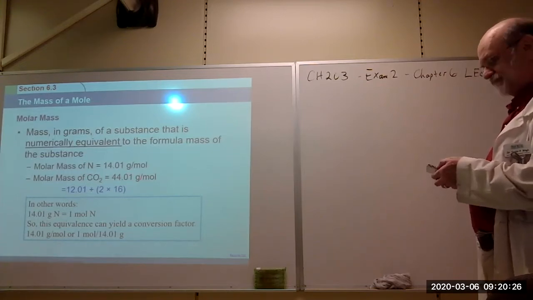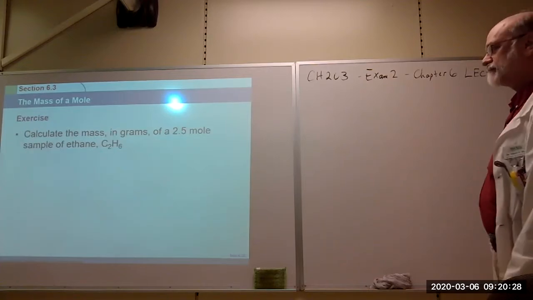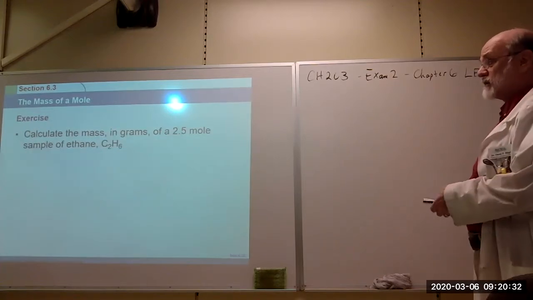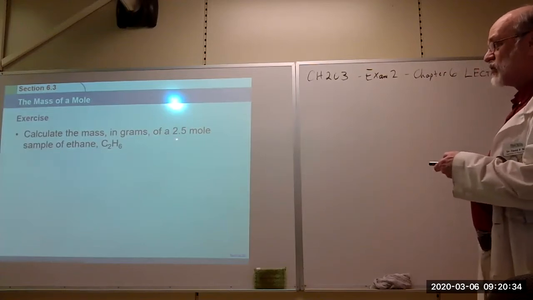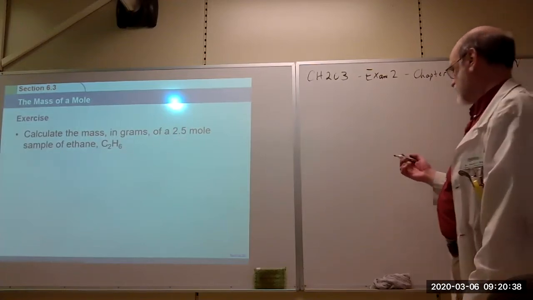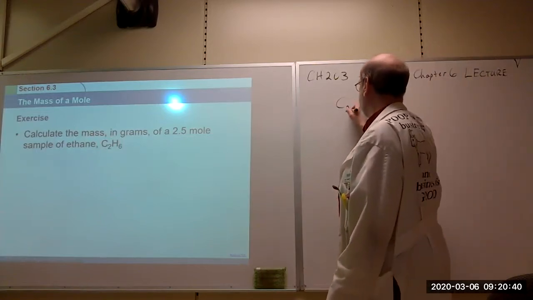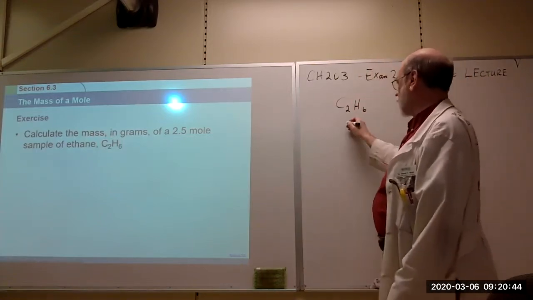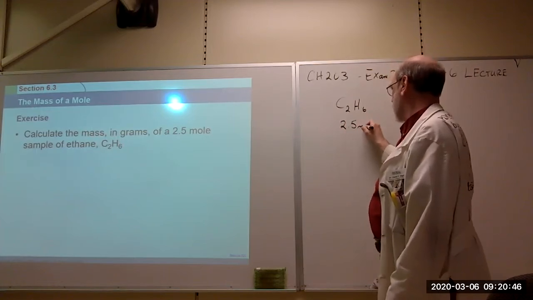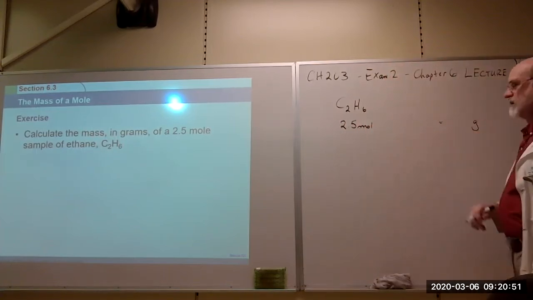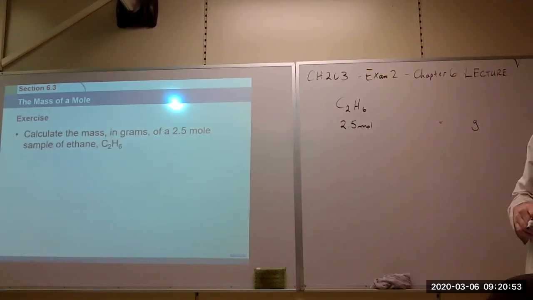Okay. So let's use what we've learned so far to calculate the mass of 2.5 moles of ethane. So we're given this compound, ethane, and we're also given 2.5 moles of it. And what we want is, how many grams does that represent?